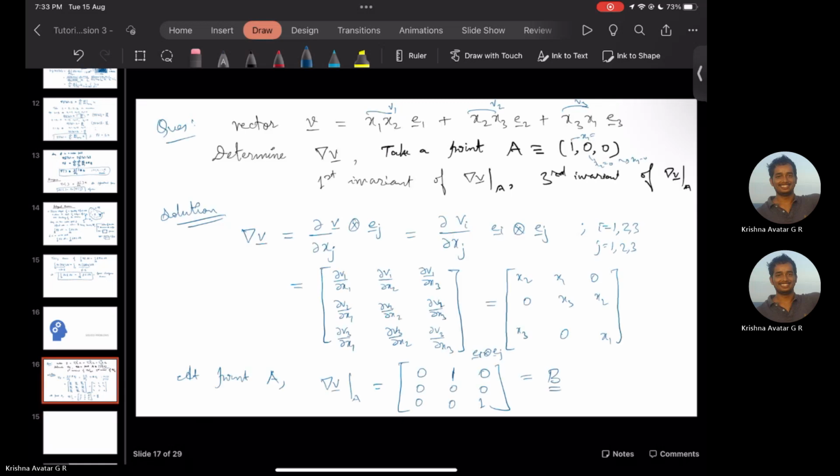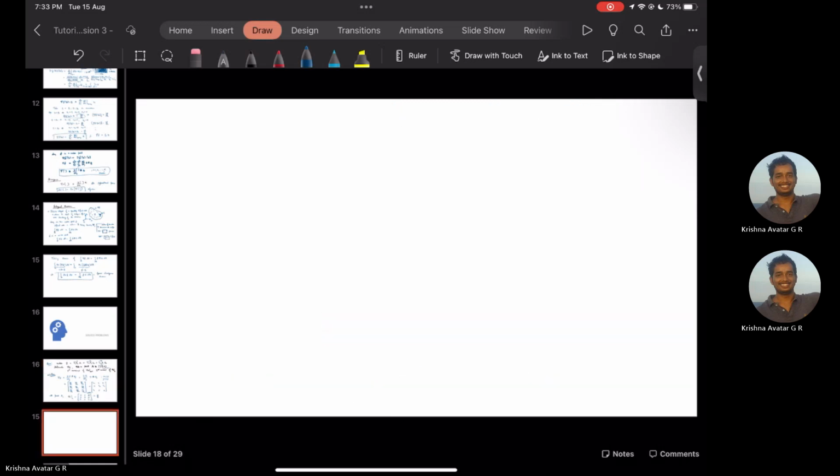Now the first question is the first invariant of B. What is the first invariant? The first invariant is also called the trace of B, the tensor B. So trace of B is nothing but Bii, from the definition.